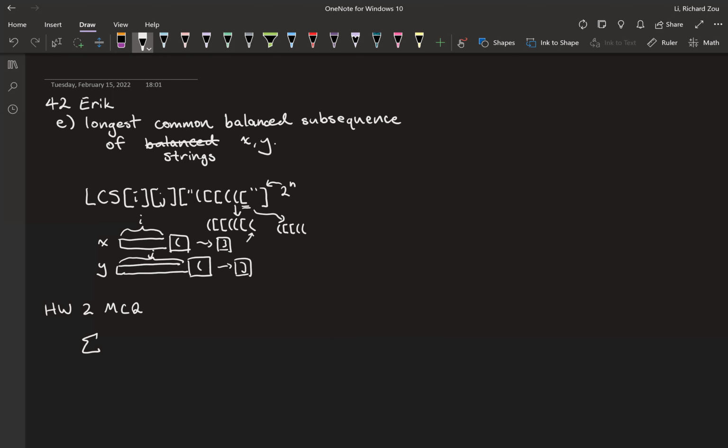So summation of 1 over i from i equals 1 to n. Okay, let me search that up real quick on Gradescope just to make sure that I'm able to find things correctly. Yeah, that's what I was thinking, right? Because it should be the harmonic series.